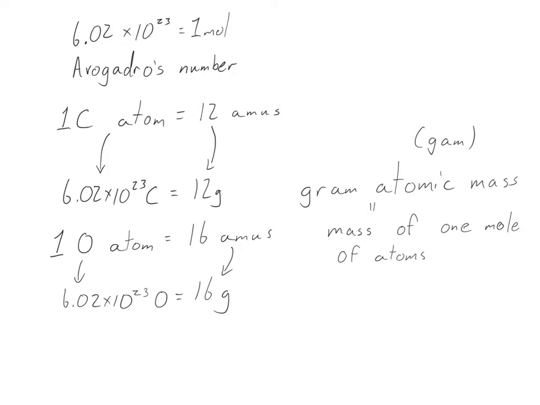So let's look at how that works for molecules. Let's do that with water, H2O. So H2O is 2 hydrogens plus 1 oxygen. And let's say I have 1 mole of water.